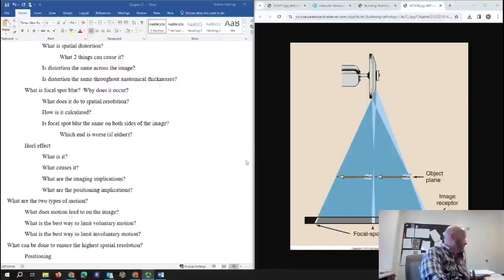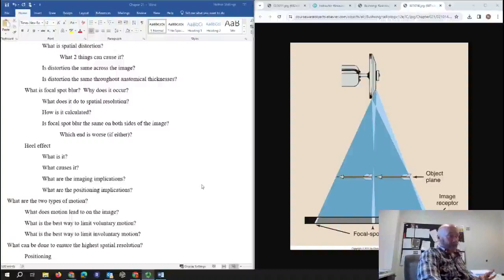You've got a couple of different ways to calculate. SOD over OID. Remember, your first step there is to subtract OID from SID to get your SOD. That's SOD over SID is equal to effective focal spot over focal spot blur.